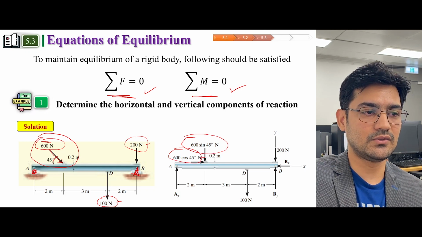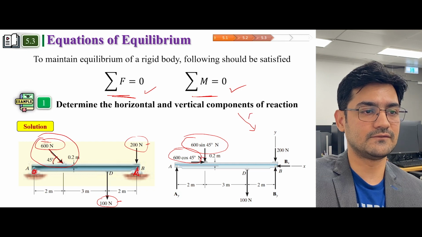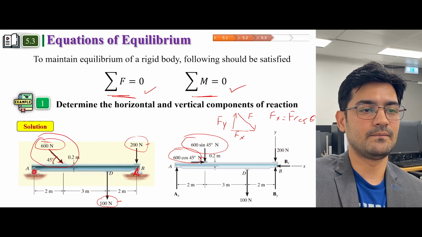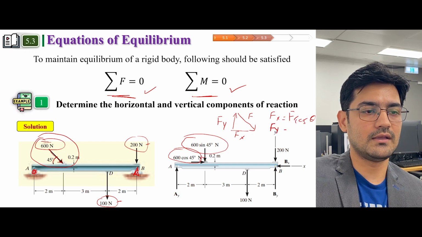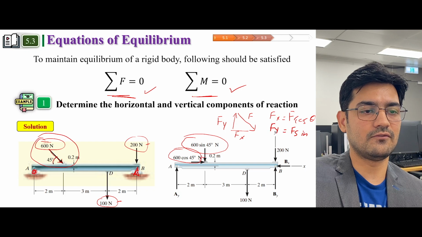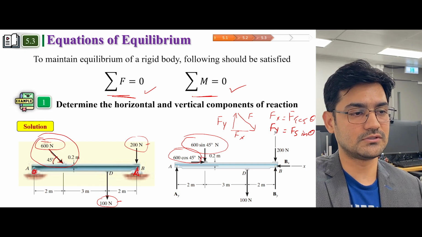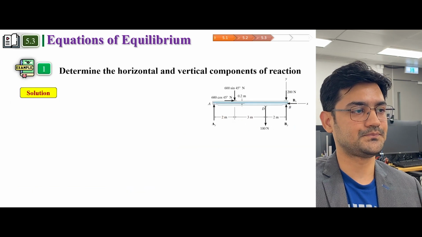This was easy to do because we can resolve components using the formulas Fx = F cos θ and Fy = F sin θ. In this way we can resolve any force, and we have resolved this force into two components.